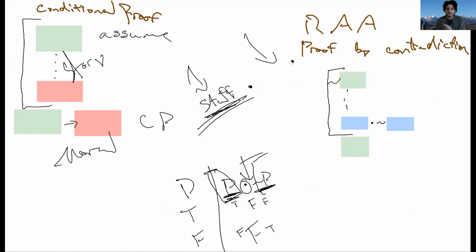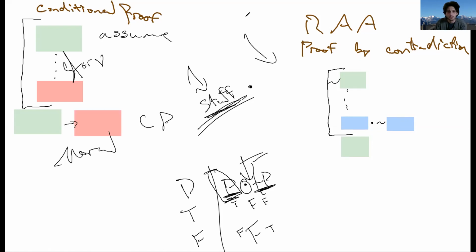They can be ridiculously complicated in any case, but you need to have that full sentence in any of these blocks. This is the form you need to have in mind when you're thinking of RAA. This is the form you need to have in mind when you're thinking of CP.